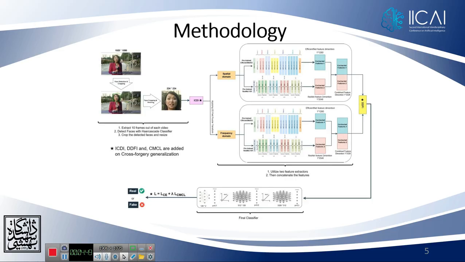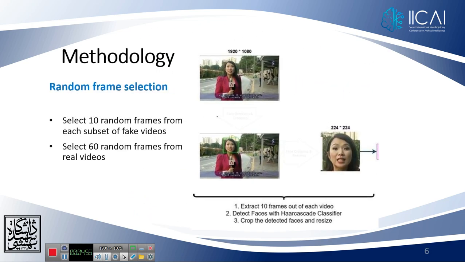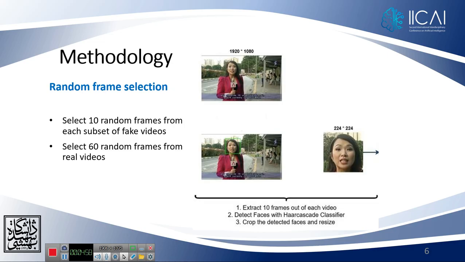Okay, you can see our main architecture in a graphical abstract, but let's go through it step by step. As we know, FaceForensics contains videos, not individual images. Each video has a varying number of frames, from 5 frames up to over 1,800 frames per video.